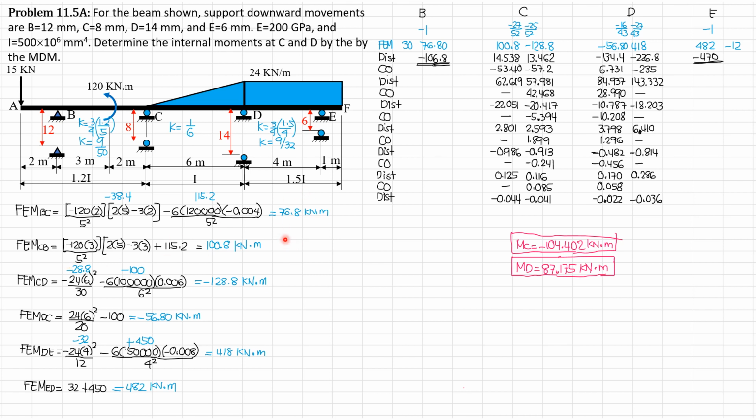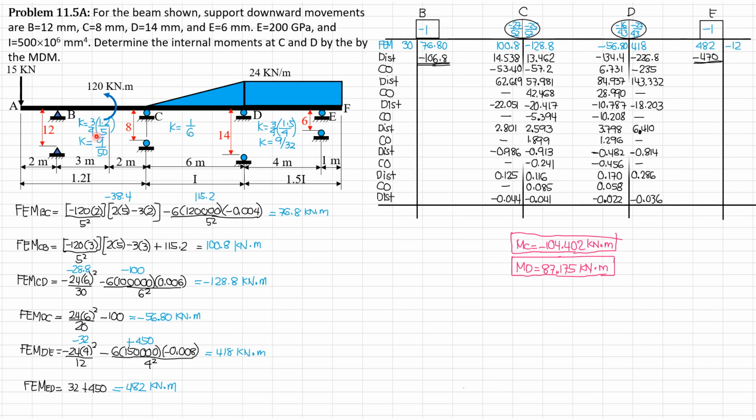So put it in this tabulation here. By the way, the stiffness of member BC, this is my technique. Although this is an interior span, I'll imagine that B is the end support. Then I just transmit the effect of this overhang here, 15 kilonewtons.